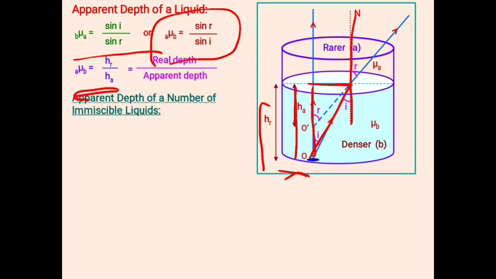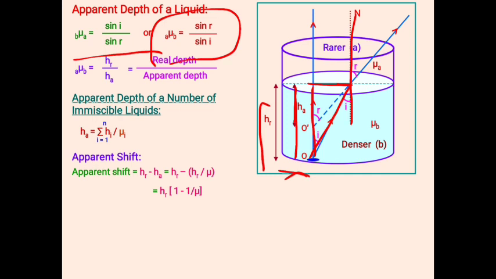Apparent depth is given for a number of immiscible liquids. Apparent shift is HR, the real height, times 1 minus 1 by mu. Mu in the case of air is 1, therefore it is given only by the denser medium: 1 minus 1 by mu is the apparent shift.